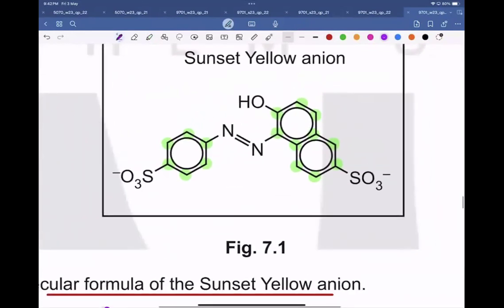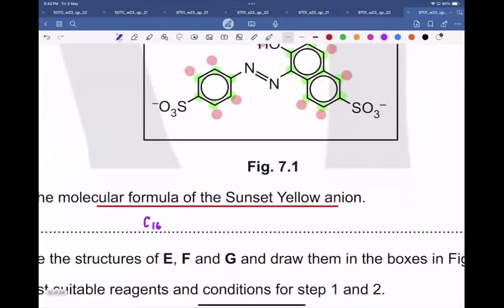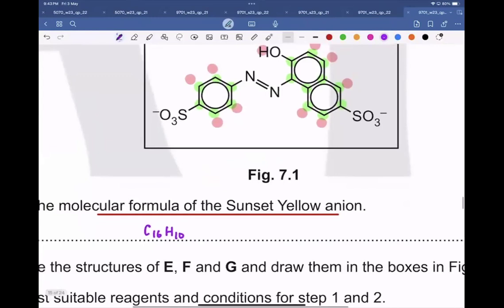C16. Now let's talk about the hydrogens. 1, 2, 3, 4, 5, 6, 7, 8, 9, 10. So at these 10 places, we have hydrogens. So C16H10. And if you see the number of nitrogens, we have 2 nitrogens.